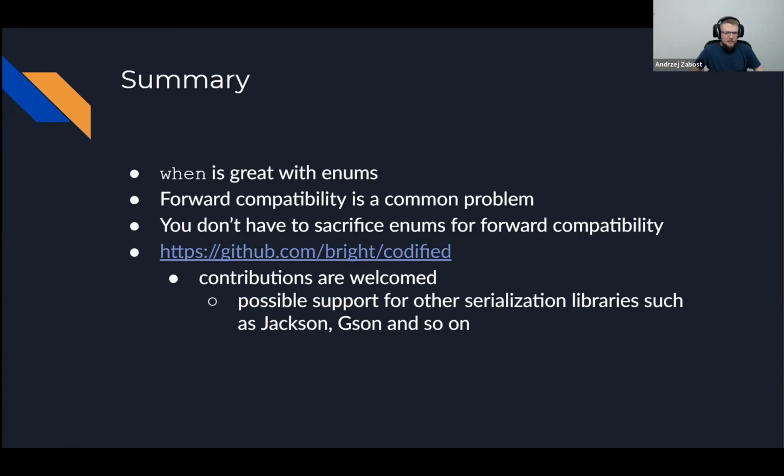And this need for forward compatibility is quite common, especially when we use those enums, because I think it's inevitable to modify them from time to time and add some new value there. And fortunately, we don't have to sacrifice one for another. We don't have to sacrifice the usage of enums with when expressions and when statements for forward compatibility.